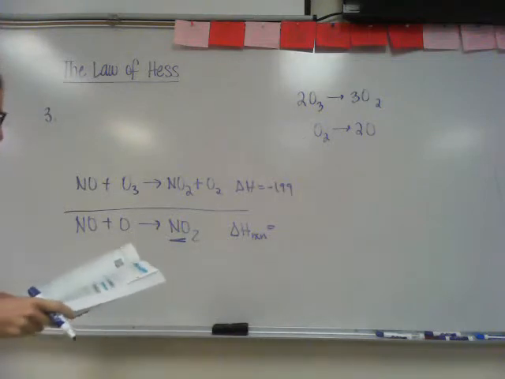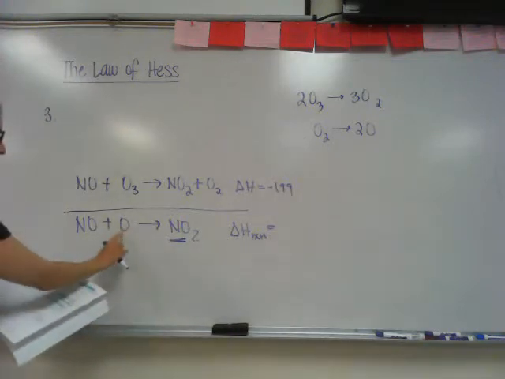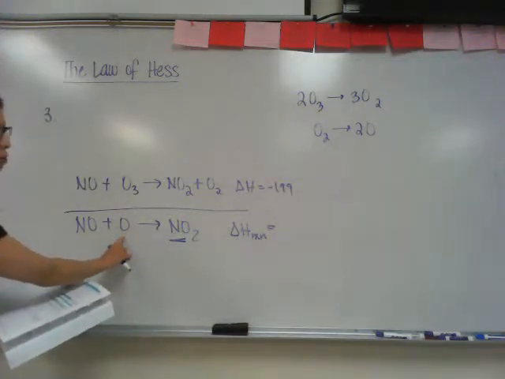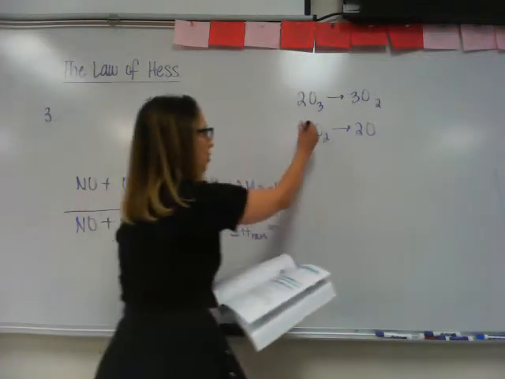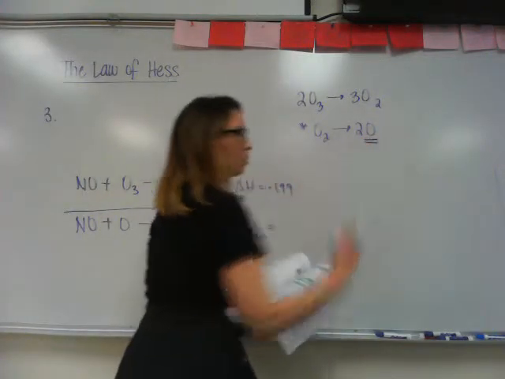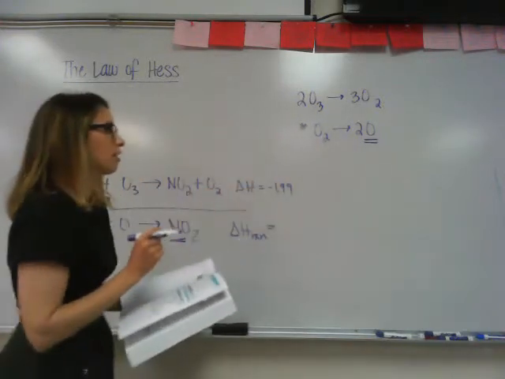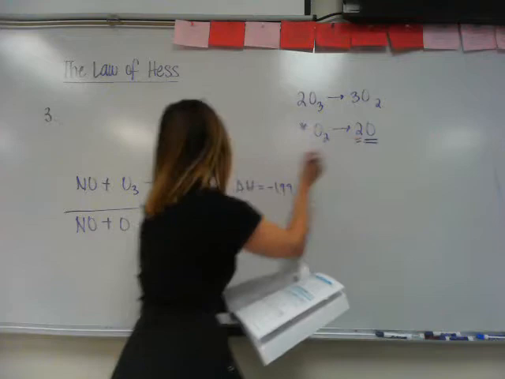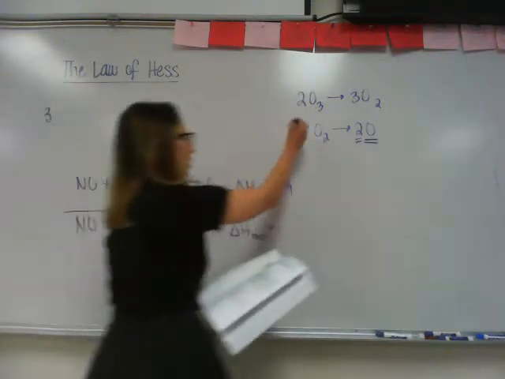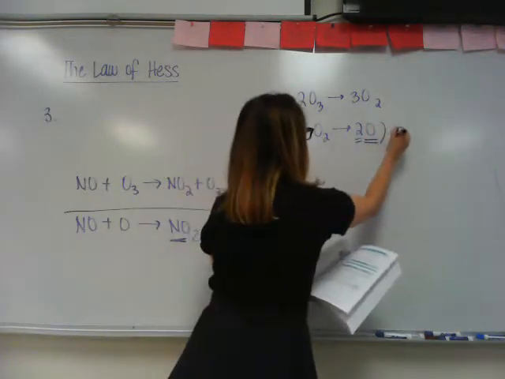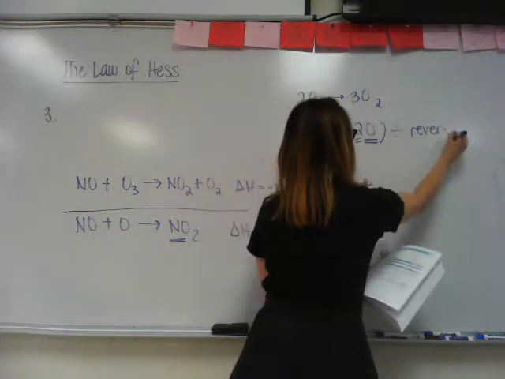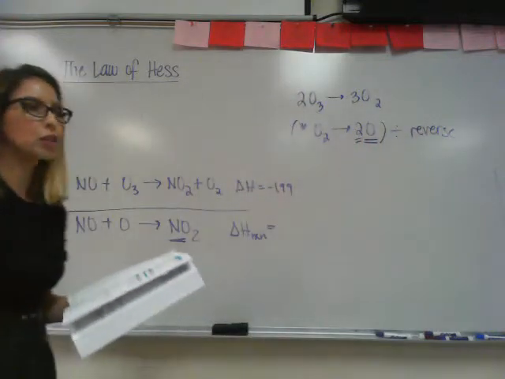Now, since I have oxygen alone, and this is not O2, this is just O, and this reaction has O on the product side, I'm going to go ahead and take this reaction and I'm going to reverse it, but since it has a coefficient of 2, I'm going to go ahead and divide this by 2 and reverse it, because I've got to get rid of that coefficient of 2.